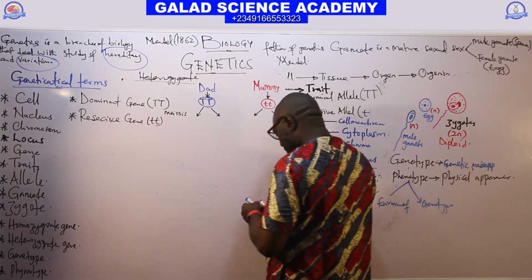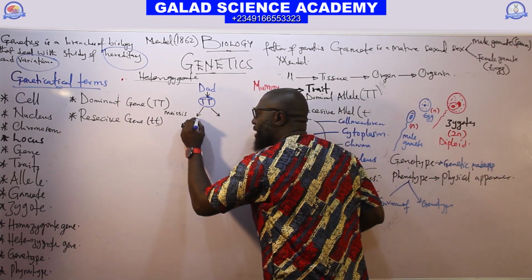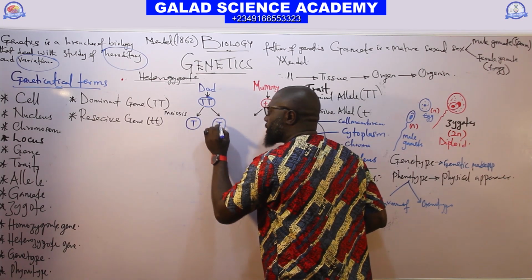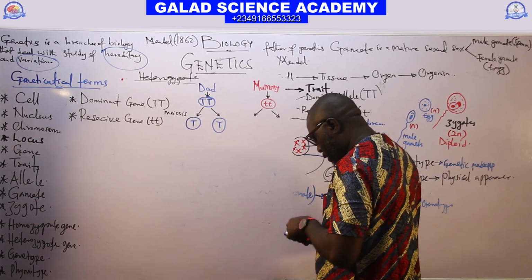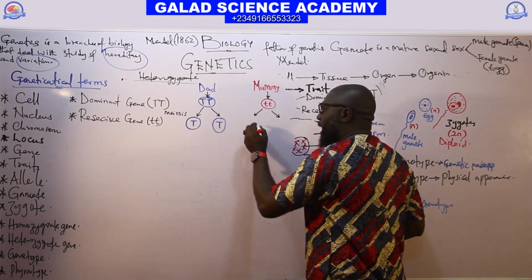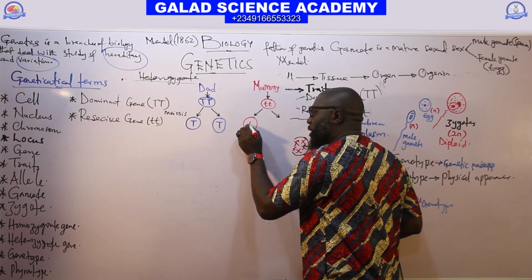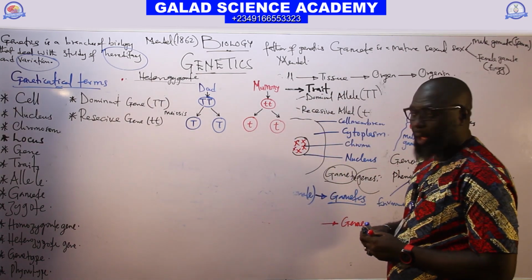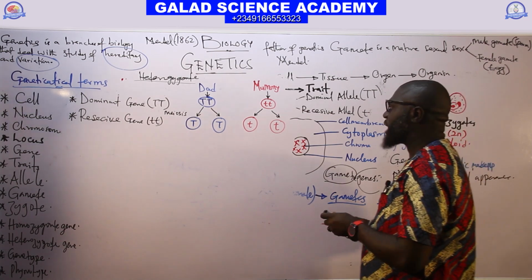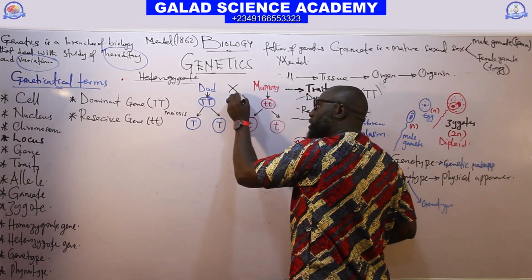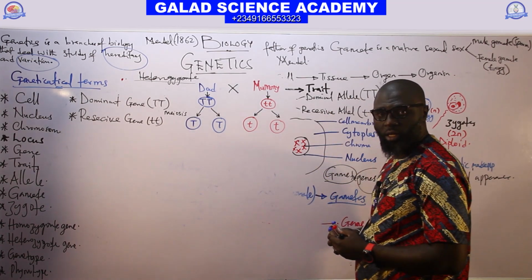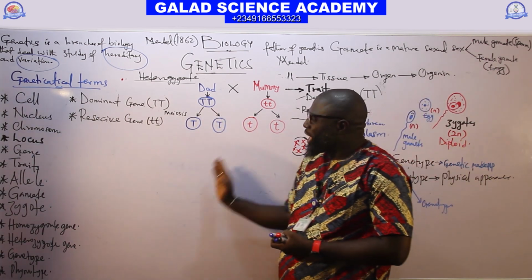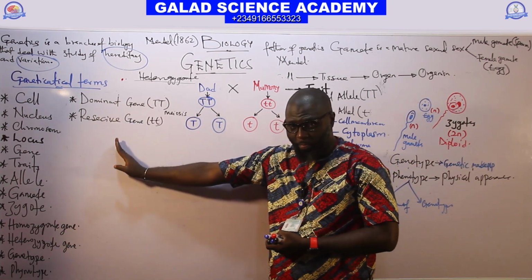In my dad, I have T, T. For my mom, I have small t, small t. What am I trying to do here? I'm trying to cross the two of them together. I want to use this cross to explain dominant and recessive.